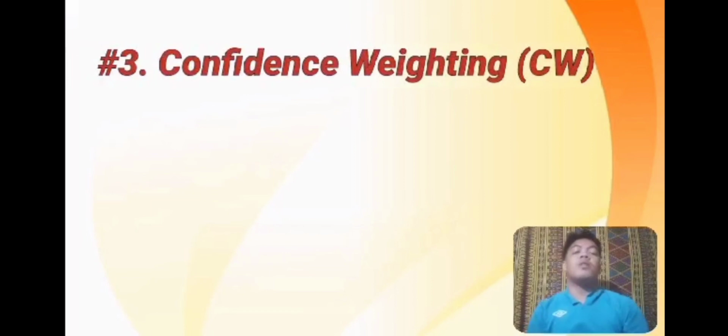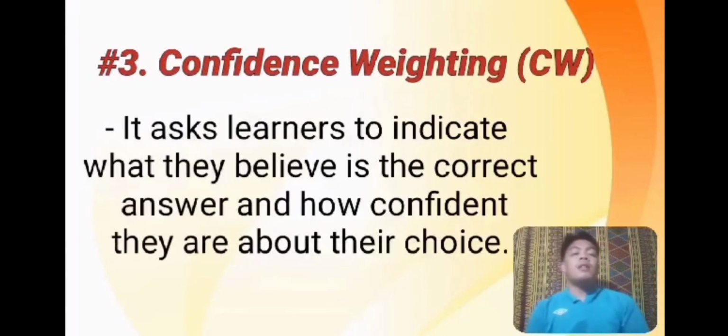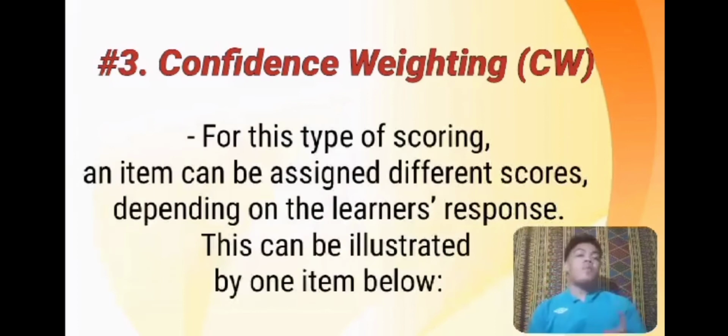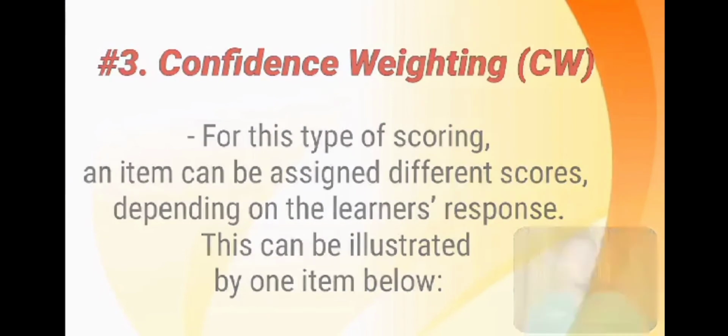And number 3, we have the confidence weighting, or CW. It asks learners to indicate what they believe is the correct answer and how confident they are about their choice. For this type of scoring, an item can be assigned different scores depending on the learner's response. This can be illustrated by one item below.